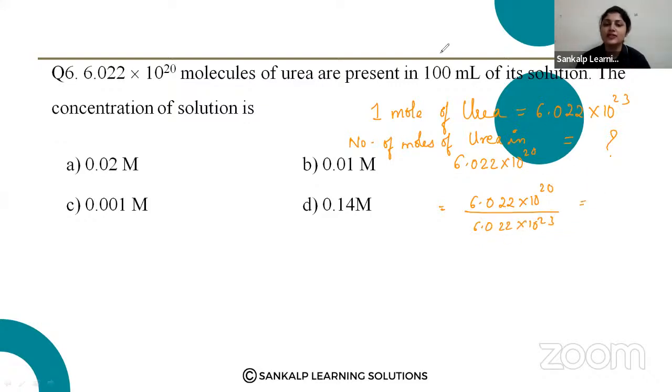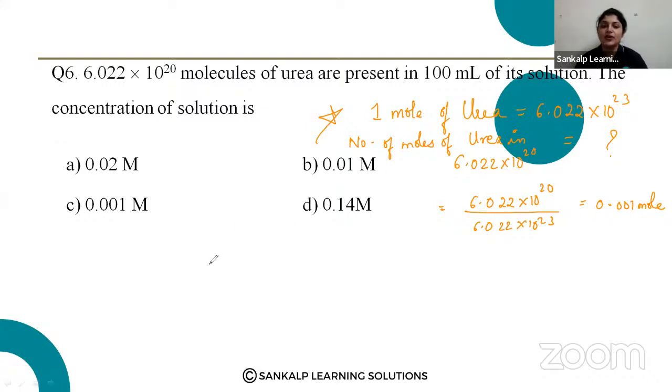After solving this, you will get 0.001 mole. We are just comparing: 1 mole of urea contains Avogadro's number of molecules, so the number of moles present in these many molecules, you just cross multiply, and you will get the number of moles.